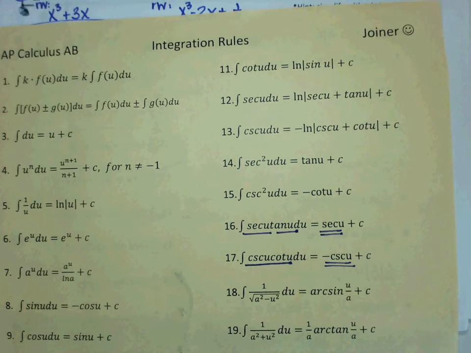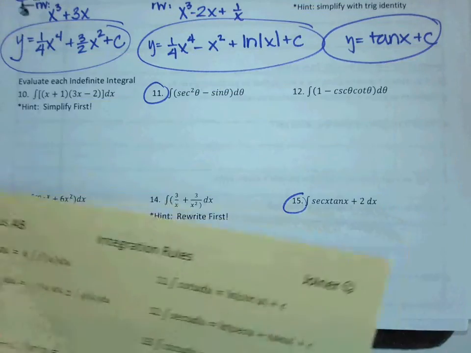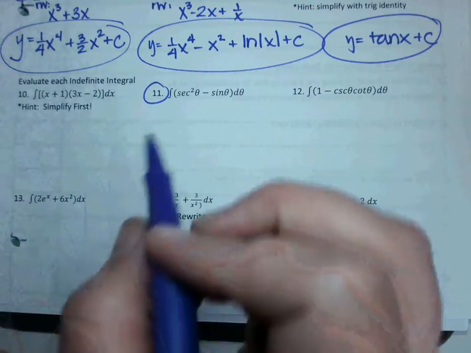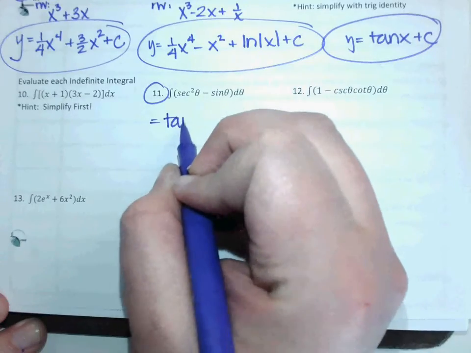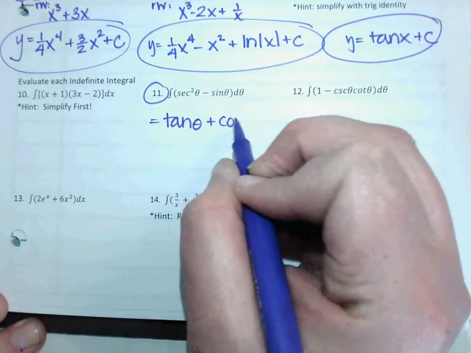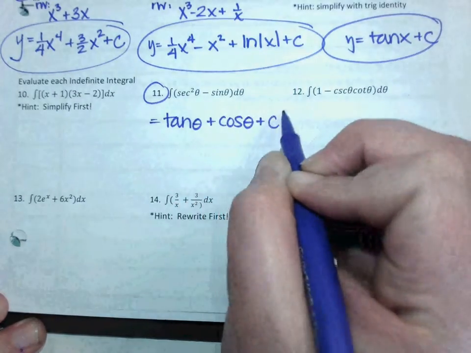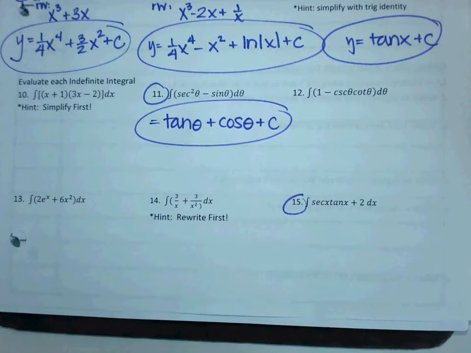Sine, which is negative sine, positive. So go up to plus cosine. Okay, so if you didn't get that, you're using your yellow sheet or looking at mine. This would have been tan theta.